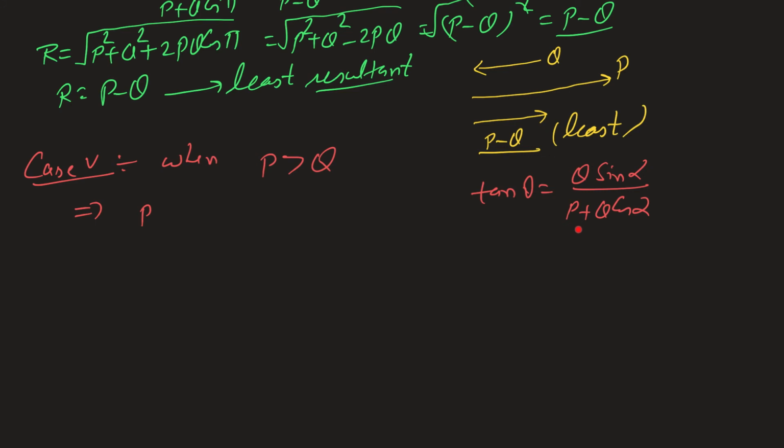So that is very much clear with this formula. Here we have P plus Q cos alpha, and here is P, so I will add Q cos alpha on both sides. This implies P plus Q cos alpha is greater than Q sin alpha divided by Q sin alpha on both sides.